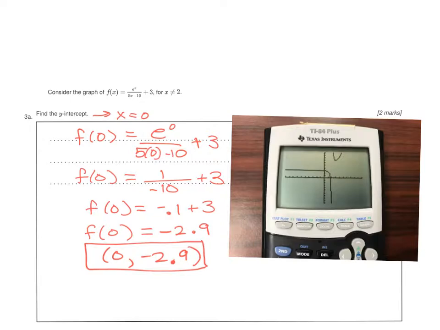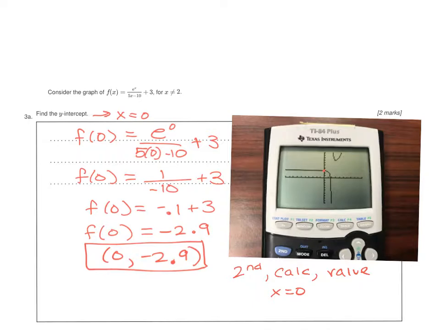Another method would be to go ahead and graph it on your graphing calculator, and it looks like this. And then you could press second, calculate. The first option is value. And when you do that, plug in 0 for x.